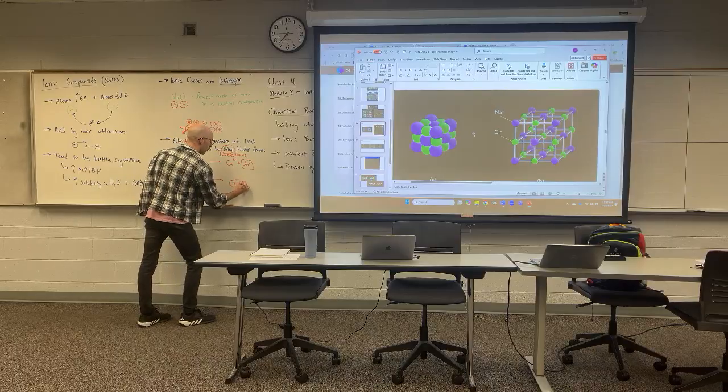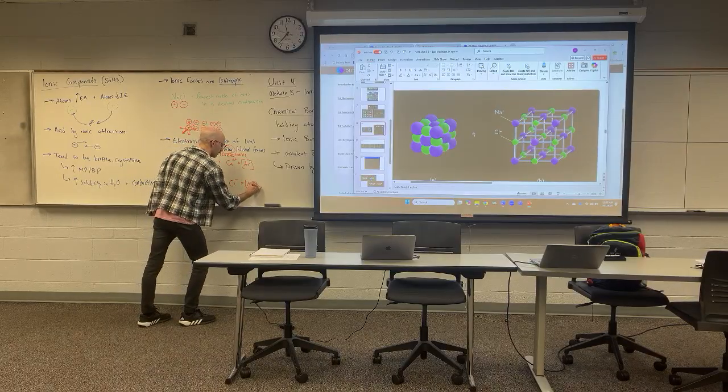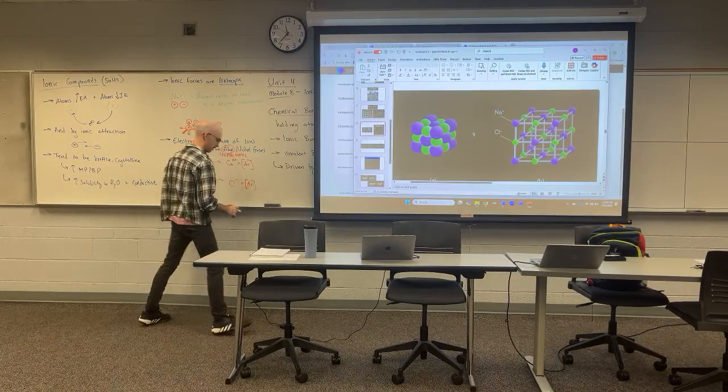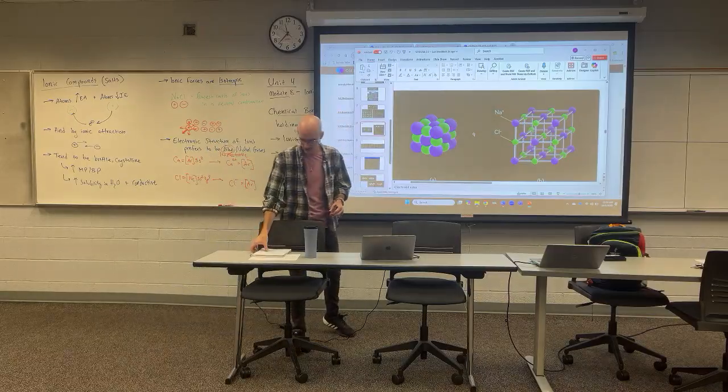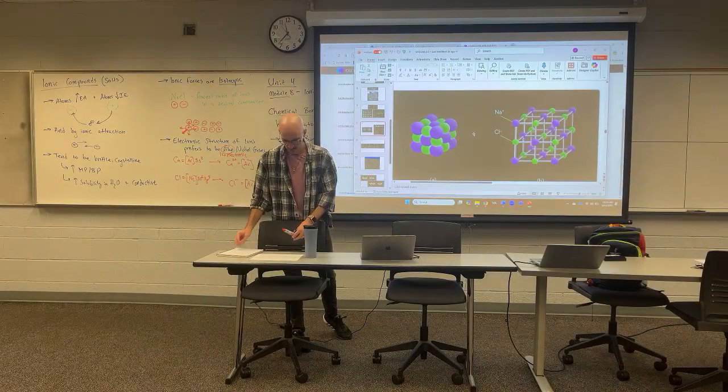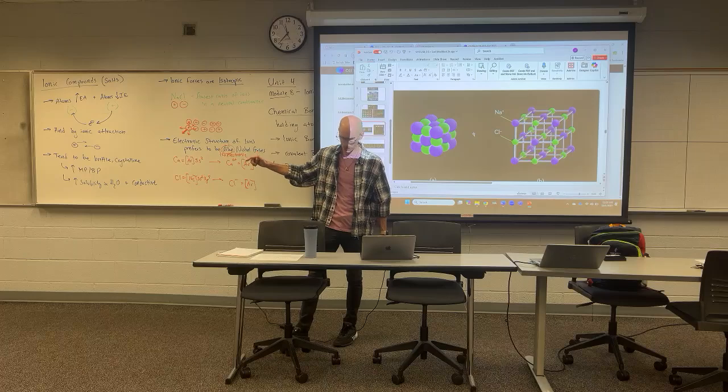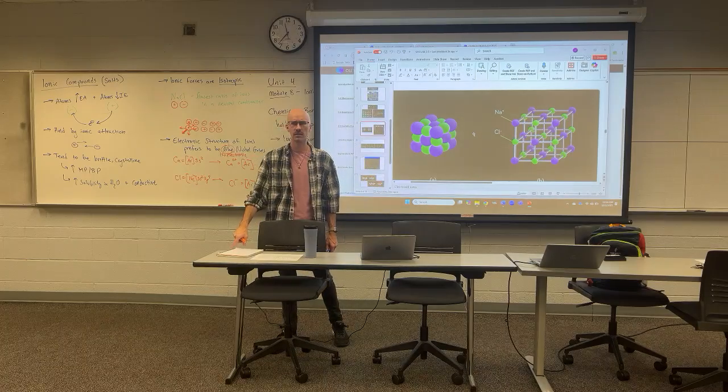If we make this chloride, then once again, we have an electron configuration. Oh, I had a typo in my notes. Anybody catch that? It's around calcium.